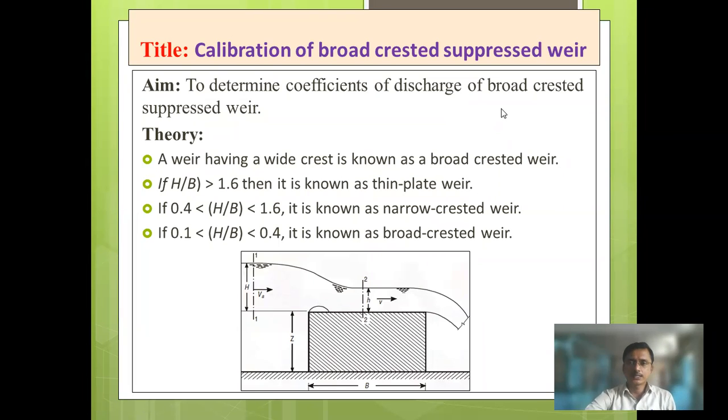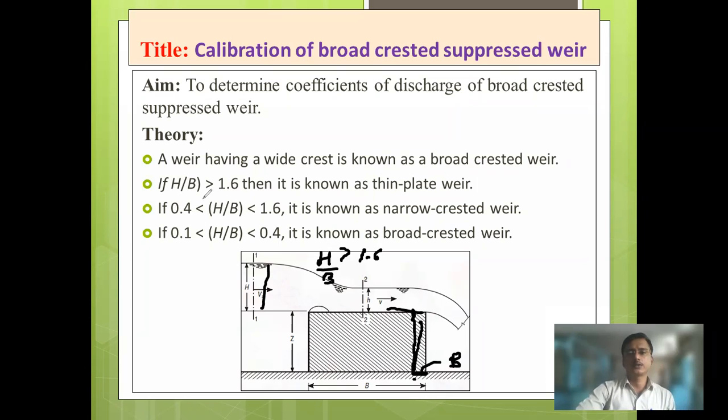In that case, the thickness of this plate will be very small. This may be the thickness, and this must be the value of B, and this H will be much more than this B. So the H by B ratio will be greater than 1.6.